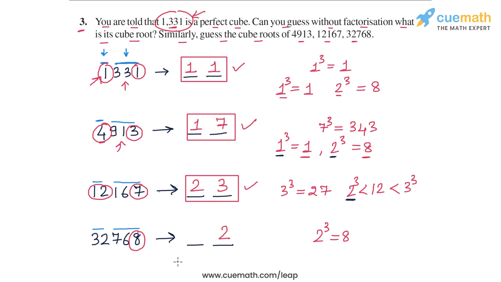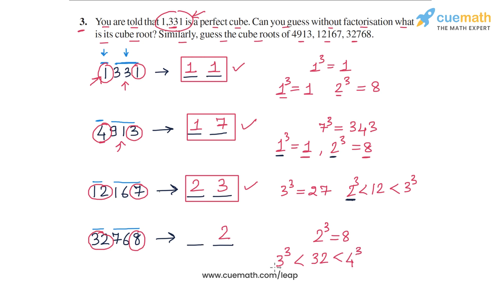And now to figure out the tens digit of the cube root, we have to figure out those 2 consecutive digits between the cubes of which the number 32 will lie. Those 2 digits are 3 and 4, because 32 lies between 3 cube, which is 27, and 4 cube, which is 64.